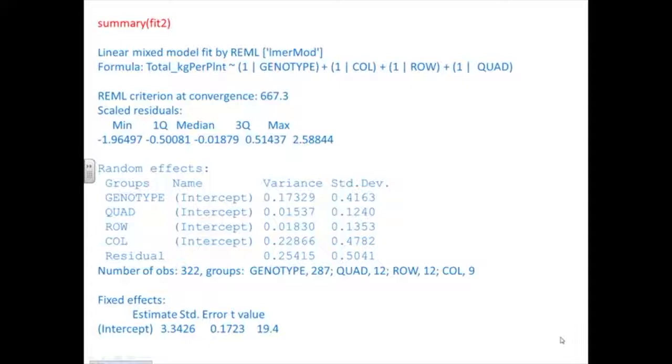So genotype's important, which is good because that's what we care about, but in terms of environmental variation in the field, there's a lot more in column than there is in row or quadrant. Okay, so I should be thinking about what is it about my field that led to that.